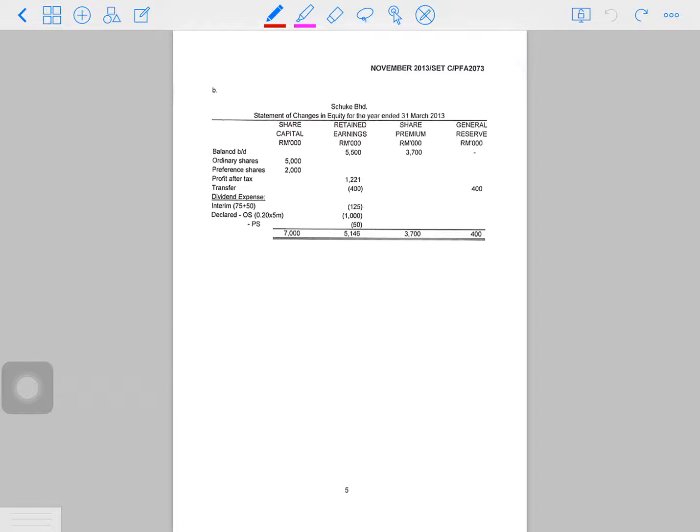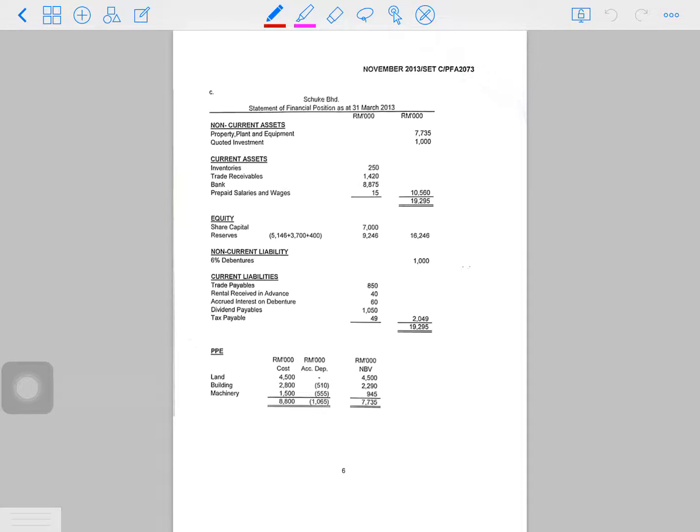And then lastly, the statement of financial position, the title, and all the relevant assets, current assets, equity, non-current liability, current liability, and all the items inside each category. All these items are from your trial balance. So just do the skeleton without any figures.